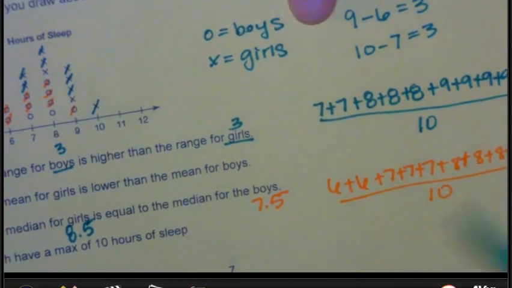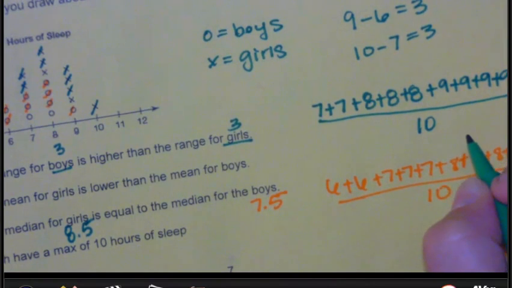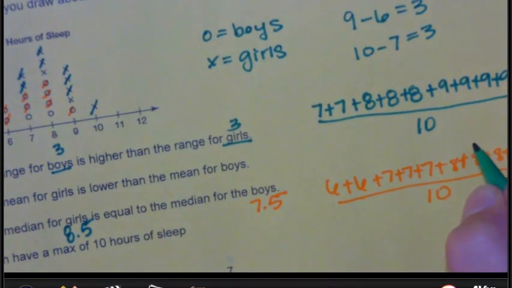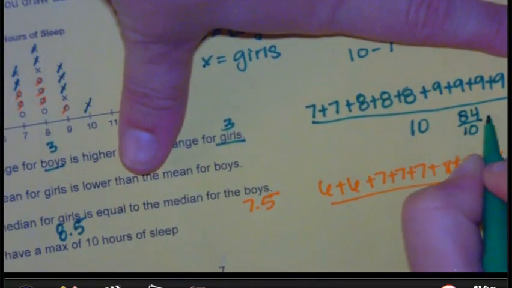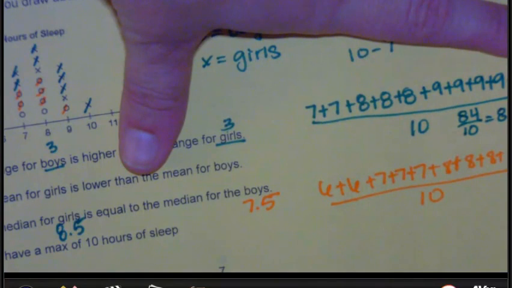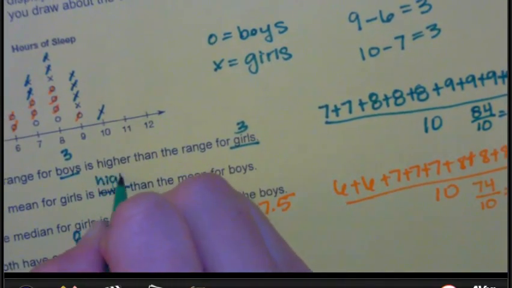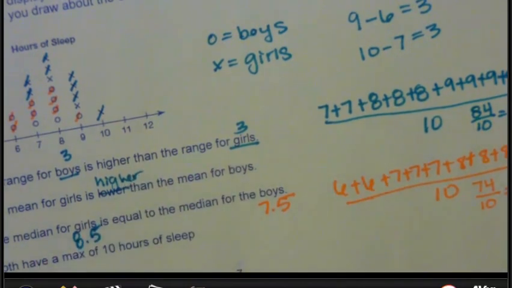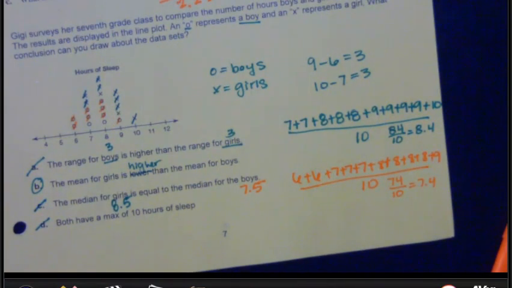Divided by 10. So for the girls, you are going to get 84 over 10, which is 8.4. And for the boys, you will get 74 over 10, which is 7.4. So it's supposed to say the girls is higher than the boys, and that would be true. I just messed up the wording on that one.